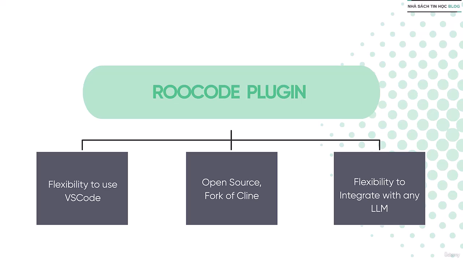Next advantage is there's a famous open source vibe coding tool called Cline, and RooCode is a fork of that, which means it has all the functionalities from Cline initially, and now it also has some additional features, and it's open source and trusted by a lot of people. Last but not least, it's just a plugin, a free plugin.